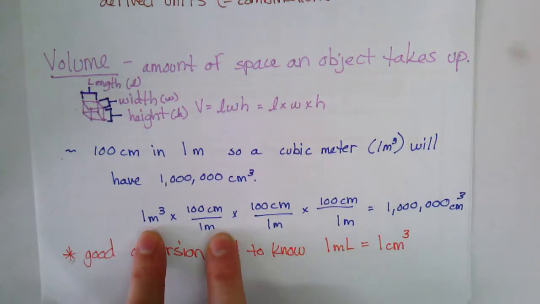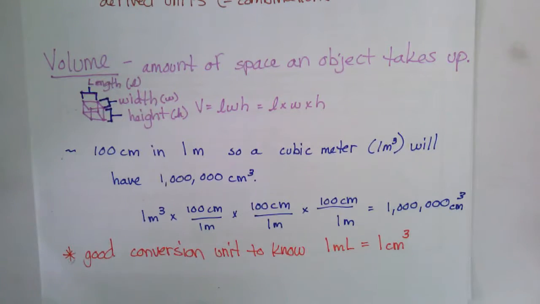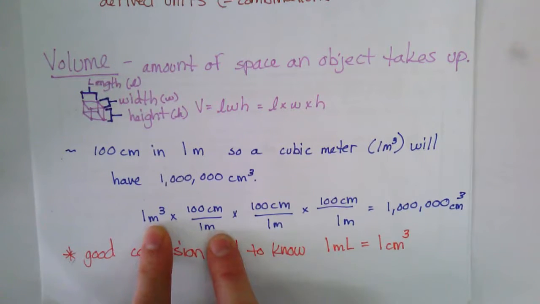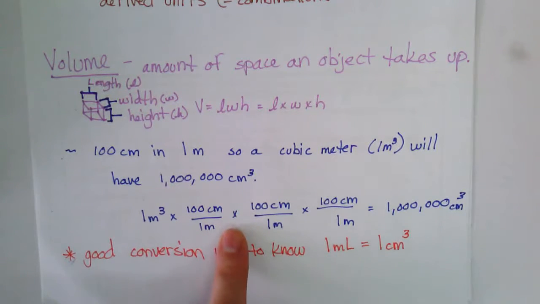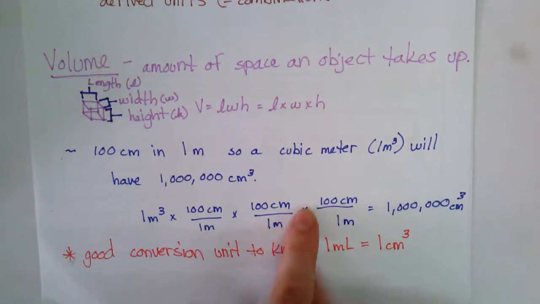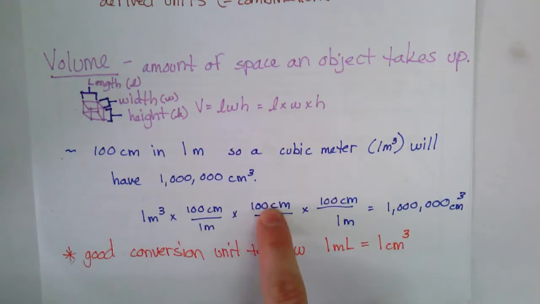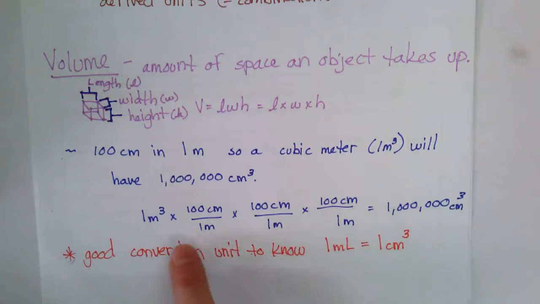And how many centimeters are in 1 meter? I have 100 centimeters. And then we have to do that again because I still have meters to get rid of, right? I have meters squared at this point. And then if I take another meter out of that, I have 1 meter. So I have to do it 3 times to get rid of these meters. And then everything that's on the top I multiply, everything at the bottom I divide. So it's 1 times 100 times 100 times 100 divided by 1 times 1 times 1.